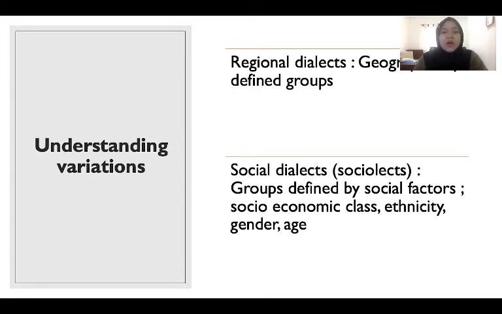Alright, so for today's class, we want to focus on understanding regional dialects, and most of the time, regional dialects are defined through geographic locations of the said groups. Okay, so regional dialects are mostly identified by their linguistic and geographical factors, compared to social dialects defined by social factors, like I mentioned just now.